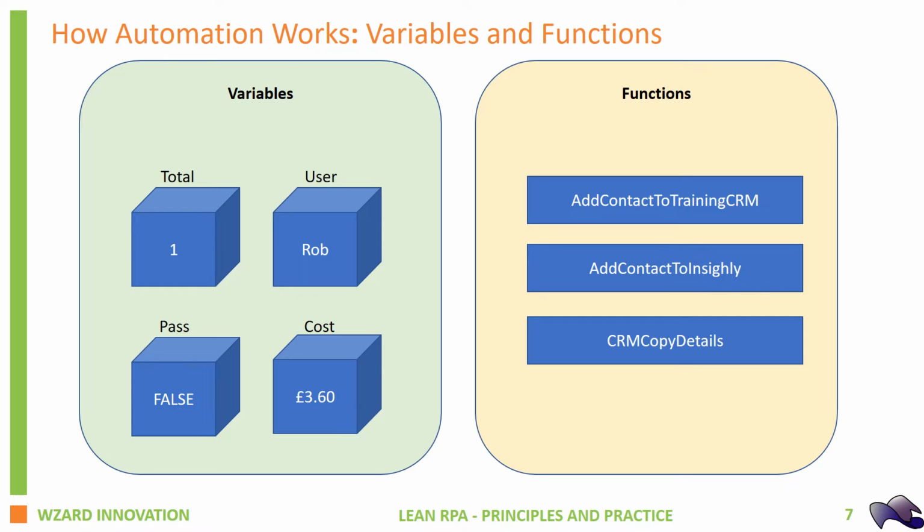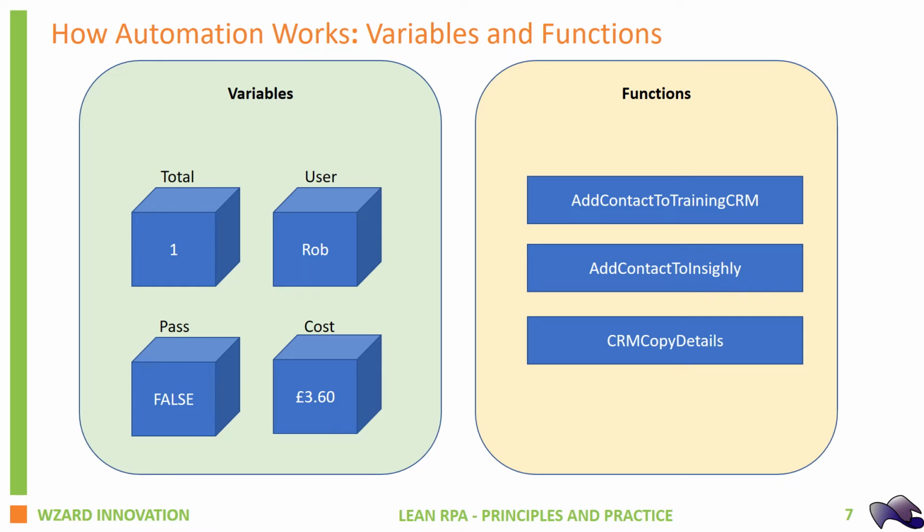We can give it only numeric information, as in the total, or we can give it alphanumeric information, as in the user. Or we can be more specific, and we can give it currency type information, such as £3.60, so it knows there needs to be 2 decimal places. Variables help us reference information as we develop our automations and become a very powerful tool in our toolkit.